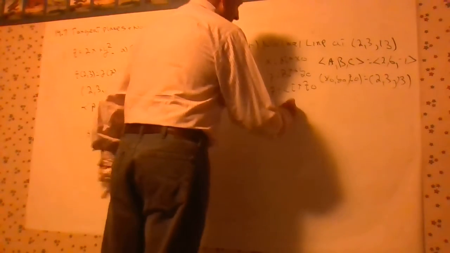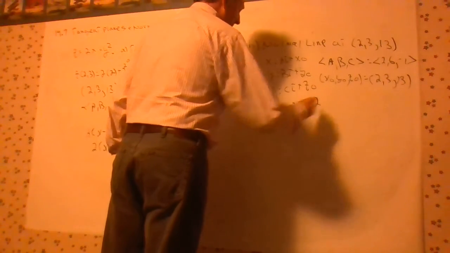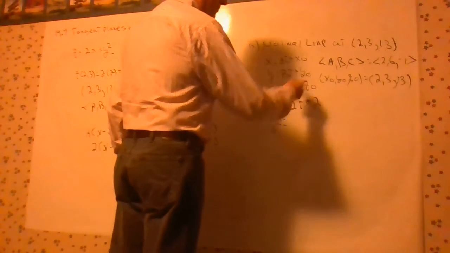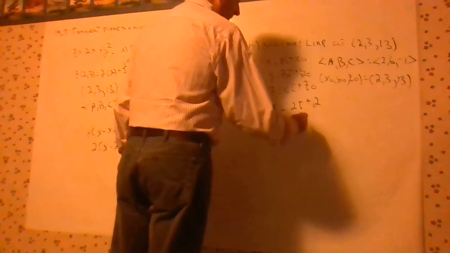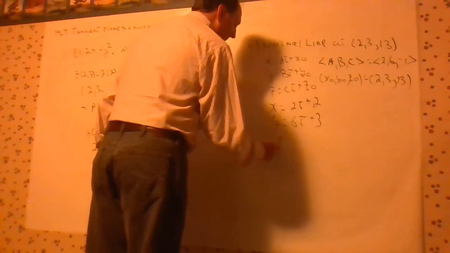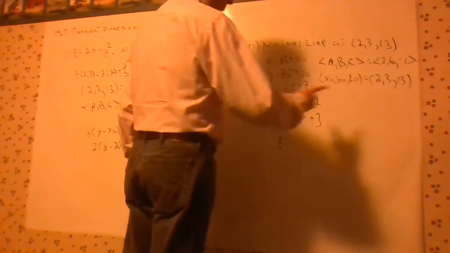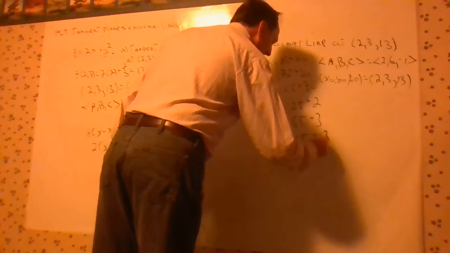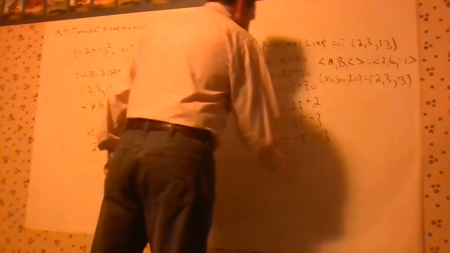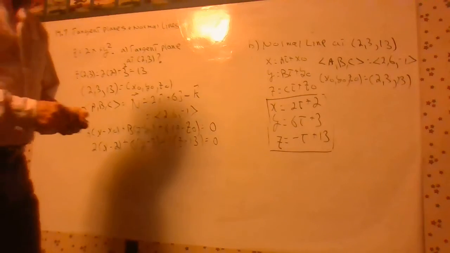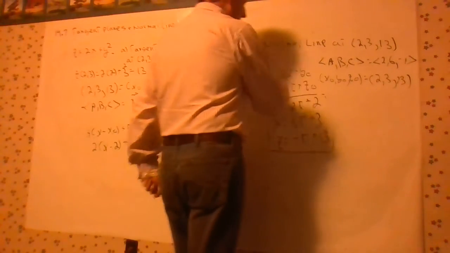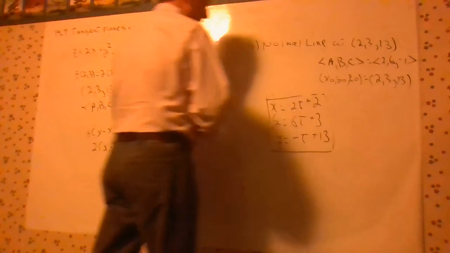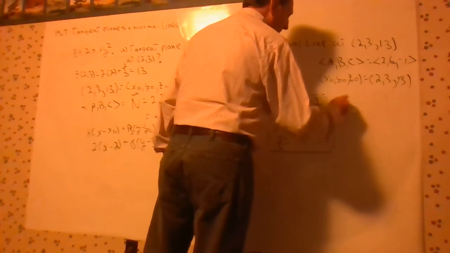And x equals 2t plus 2, and y is equal to 6t plus 3, and z is equal to negative t plus 13. And that's the parametric form.